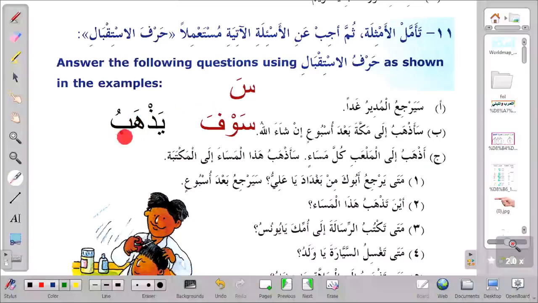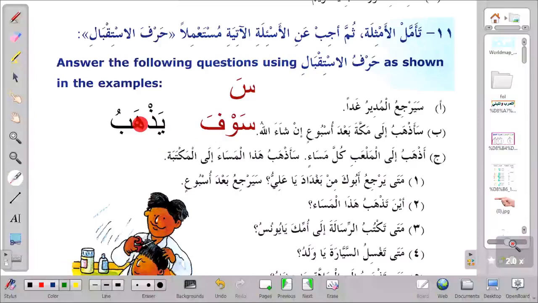This, without it, is just present tense. Yazhabu, he is going. But if I add it, he will go. The same way if I say Saufa yazhabu, it will mean he will go. Even though they have a little bit of difference, they are both used to turn the verb to a future tense verb. I hope that is clear.